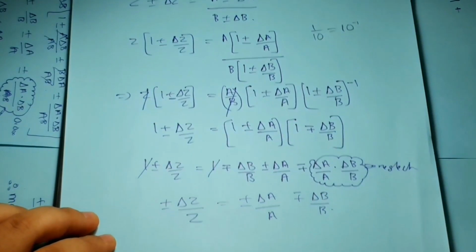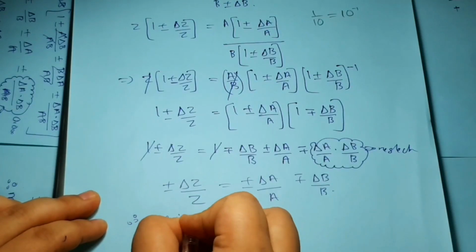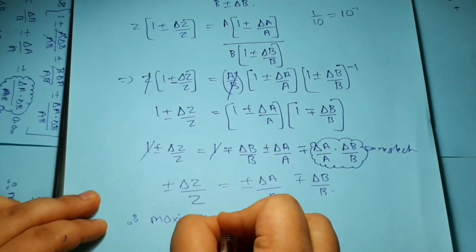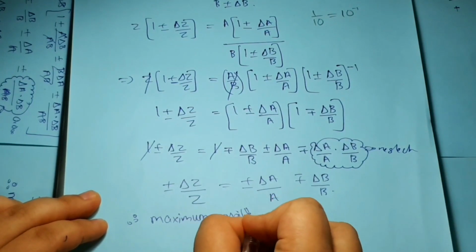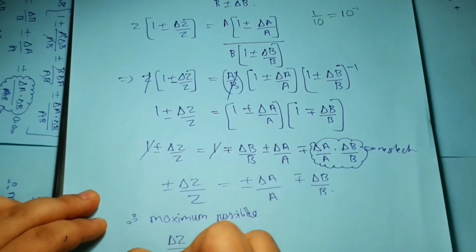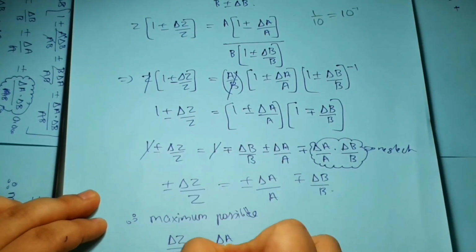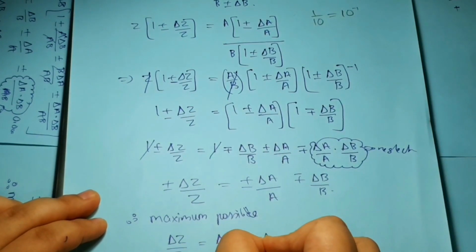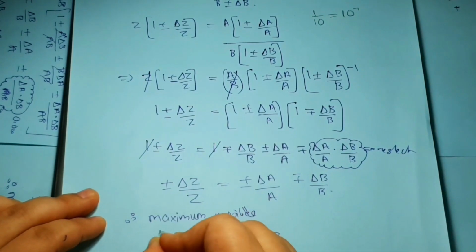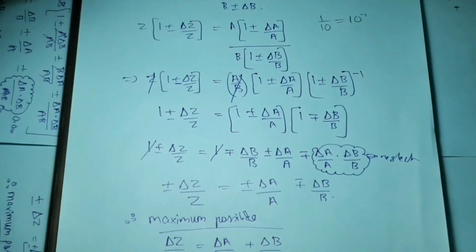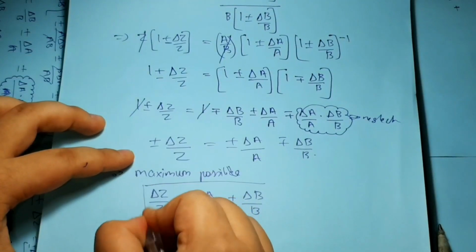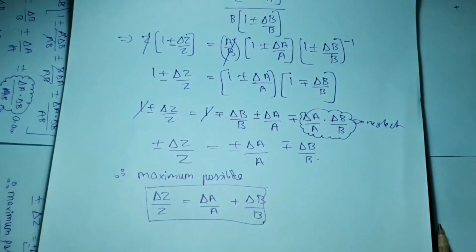So now as you can see clearly, our maximum possible error would be, what? You know it very well what it's going to be. It's going to be delta z by z is equal to delta a by a plus delta b by b. Simple, easy, smooth, and very simple steps, isn't it? Okay, that was for our division or quotient.